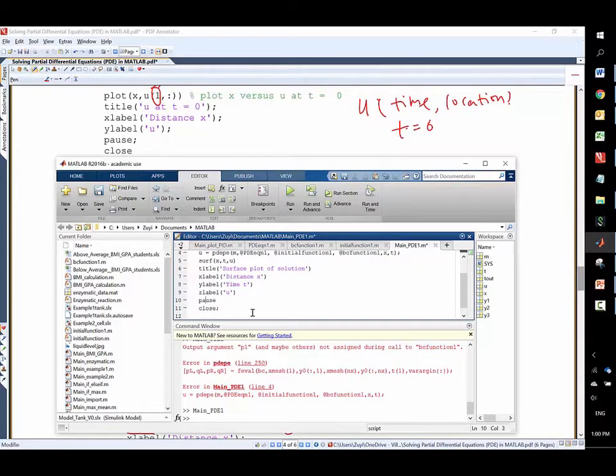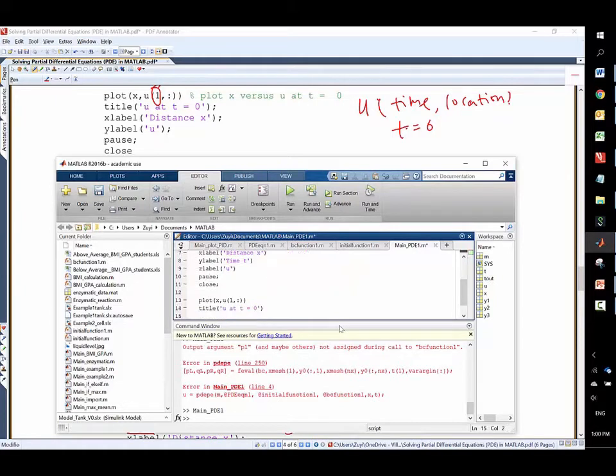Okay, now let me show you how to get the plot. Here is 1, the first time point. We get title, U at t equals 0.